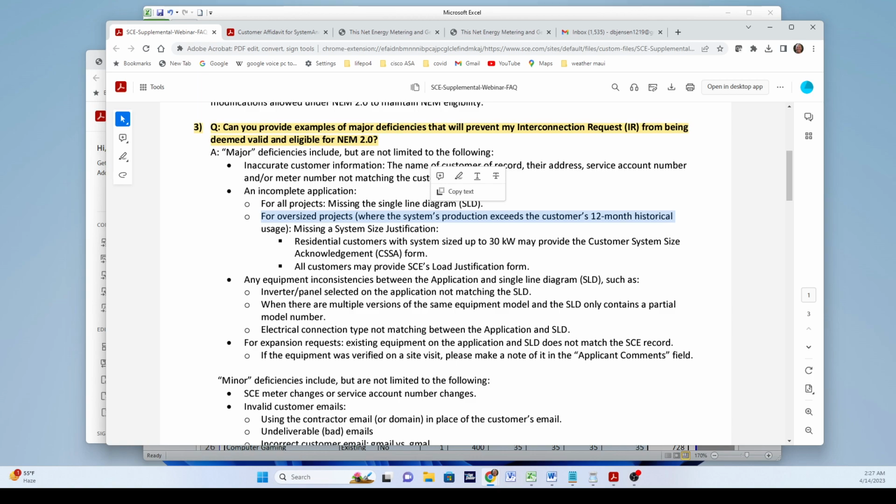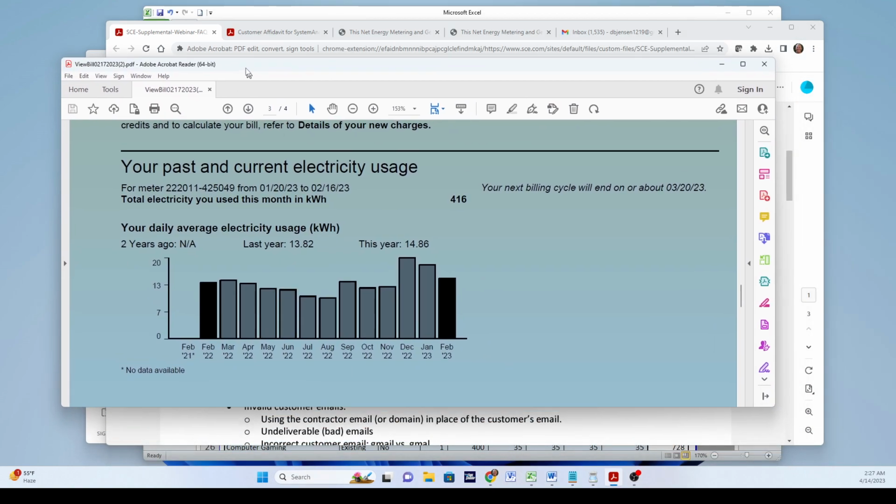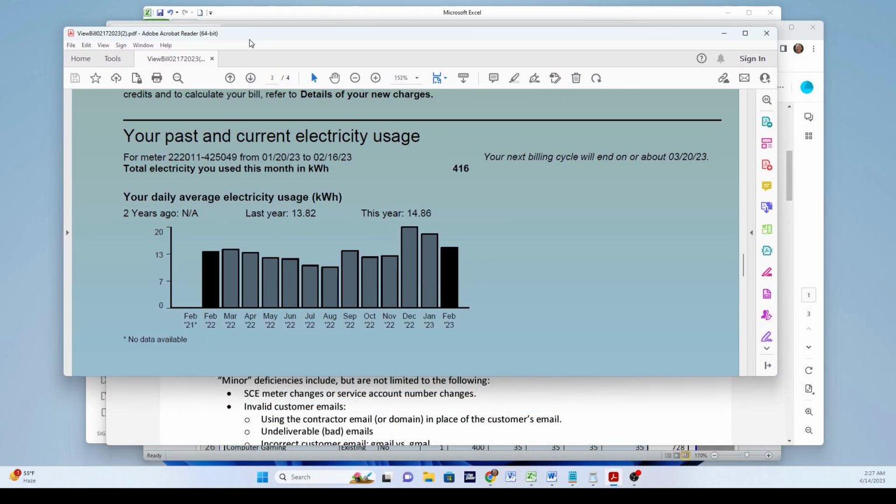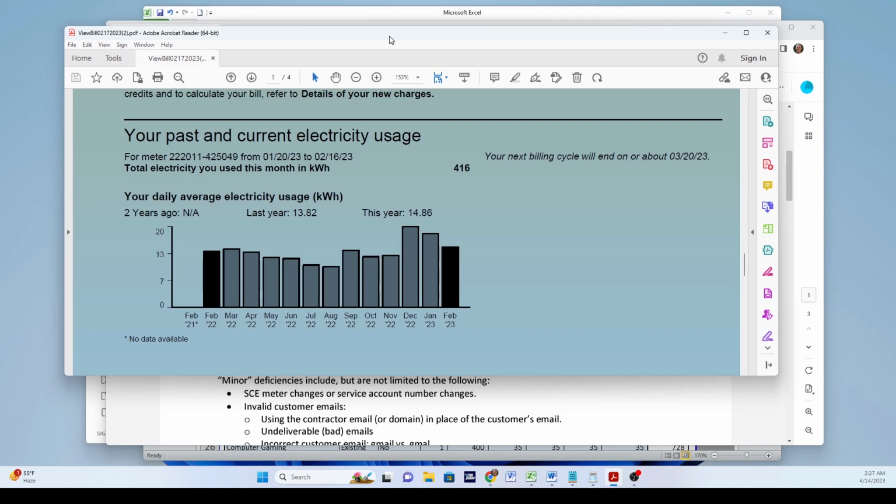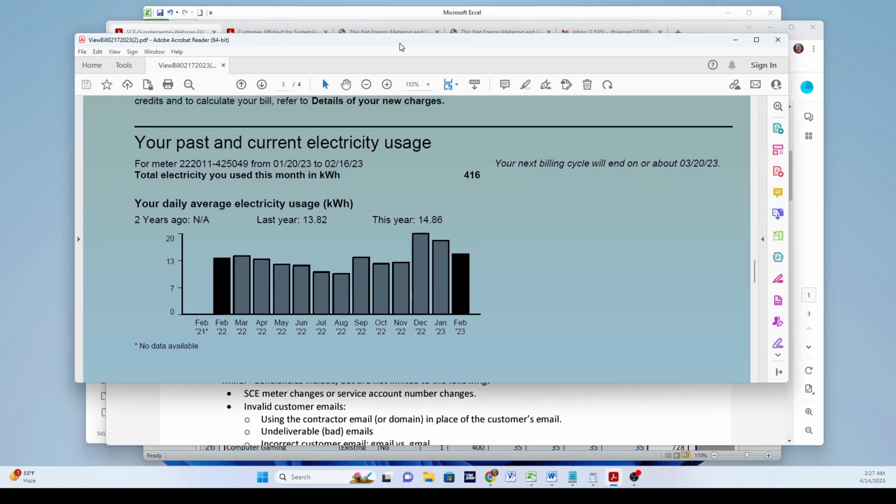So we kind of went over that before. You can look at your bill and look at what the kilowatt usage per day is over the last year, and then you multiply that by 365, and that's going to give you what they're going to look at for your 12-month usage.